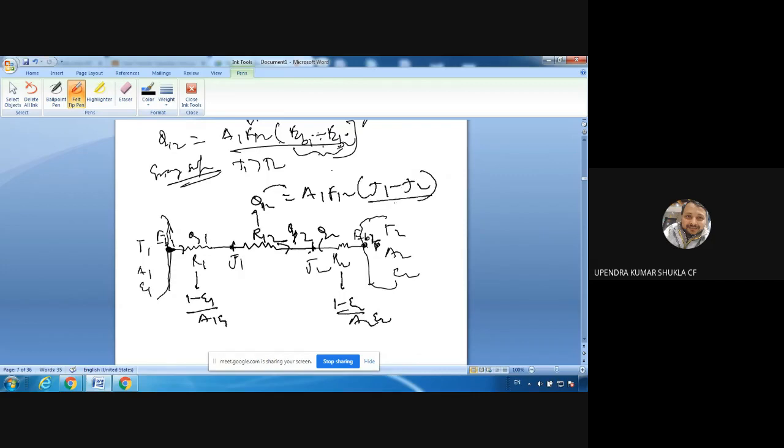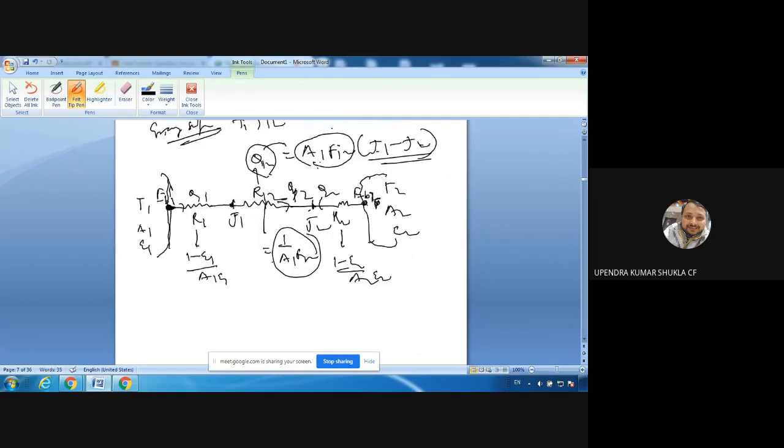In place of voltage difference, we have J1 minus J2, and the inverse of this factor is the resistance, and this is the current flow. So 1 upon A1 F12 is the resistance. So R12 is equal to 1 upon A1 F12. This is called the space resistance because it is not on the surface, it is in the space.